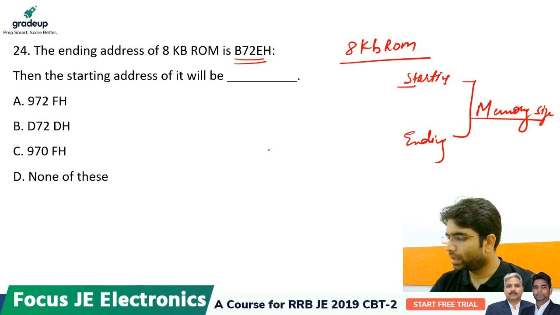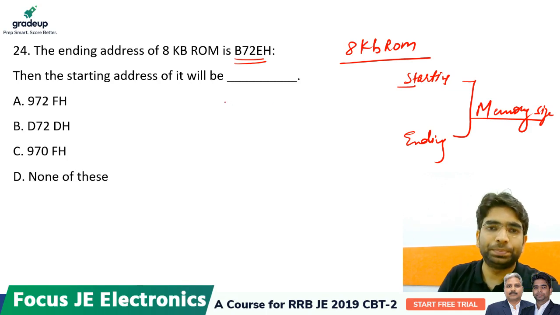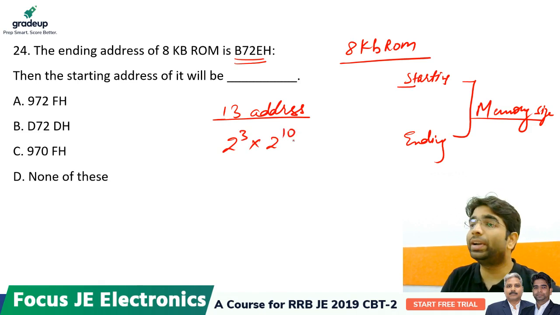A. How many of you say A is the correct option? Shravan, correct. 13 address lines will be there. My dear friends, see here. 2 raised to the power 3 is 8, and 2 raised to the power 10 will be the size of memory in bytes.